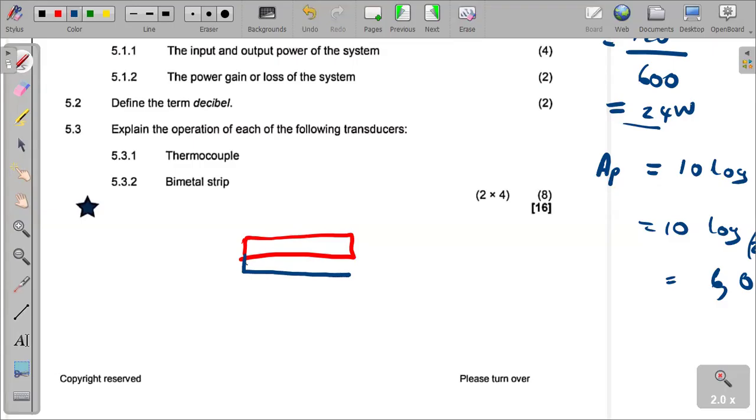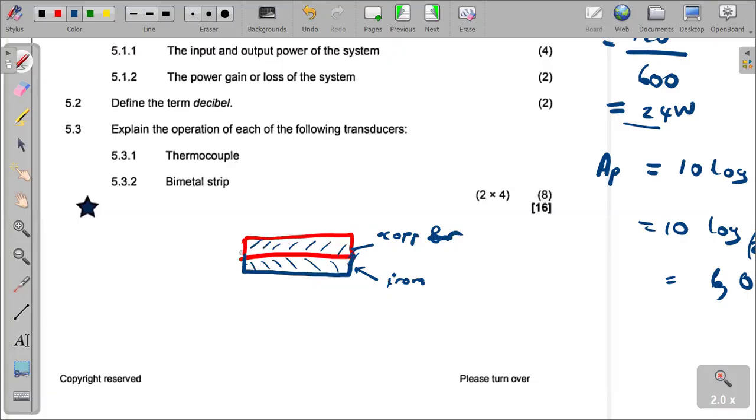So this is the copper strip. This will be copper, and the other one will be what? That will be copper there, and the other one will be iron. That's how it is, right? So basically, this is what is happening.